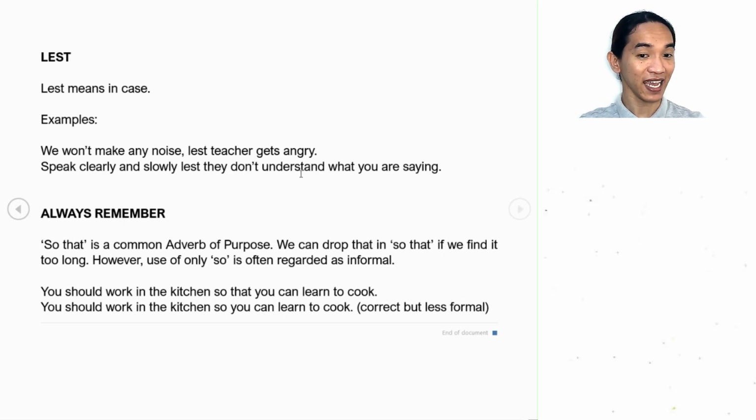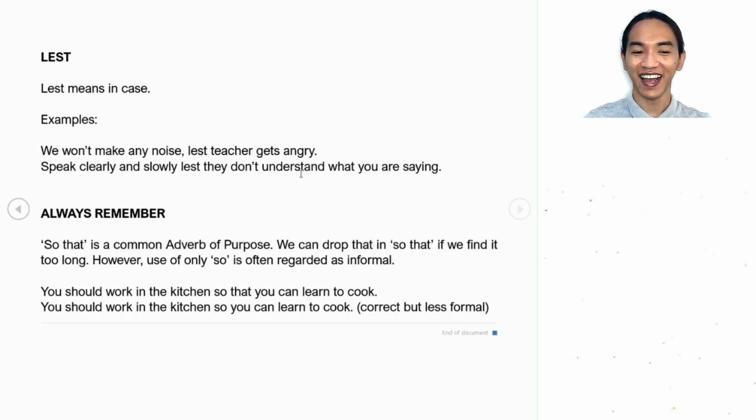Lest means in case. Okay, this is not a common adverb of purpose that we use in day-to-day communication. So in this case, lest means in case. We won't make any noise lest teachers get angry. Okay, in case the teacher gets angry. Speak clearly and slowly, lest they don't understand what you are saying. So in case they don't understand what you're saying.